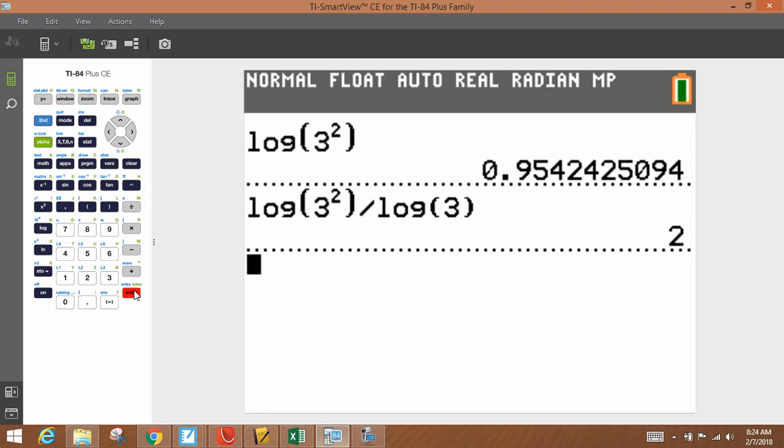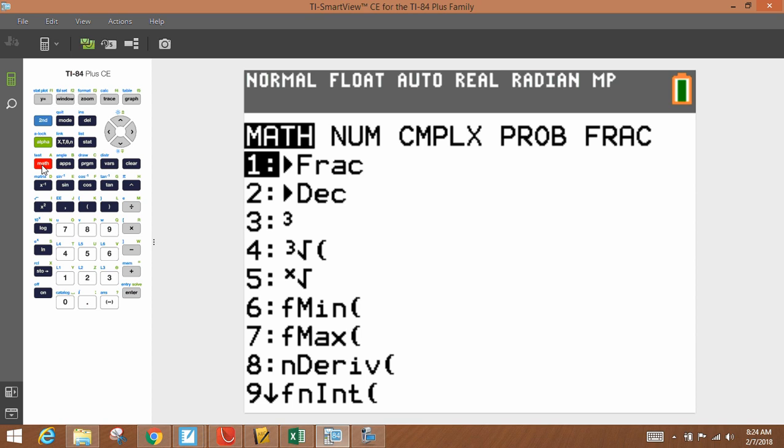Now I'm going to show you, for those of you that have a newer operating system on your calculator, how to not change the base and just go ahead and put that in your calculator right away. So you're going to hit the math button. If you have one of the older ones, there's a good chance it doesn't have it, but all of the newer ones do.